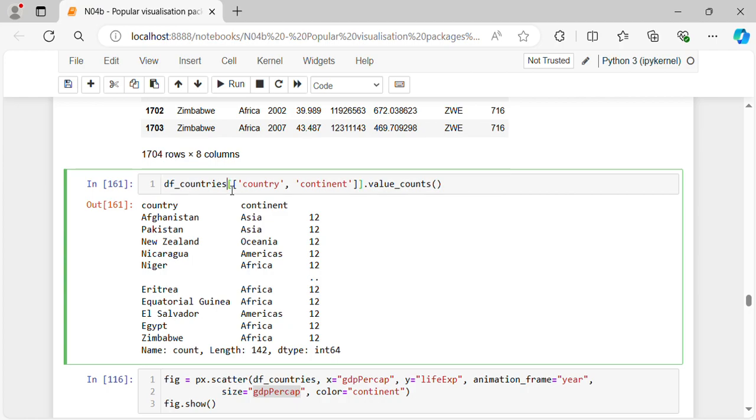Let's do the other way, group by continent.